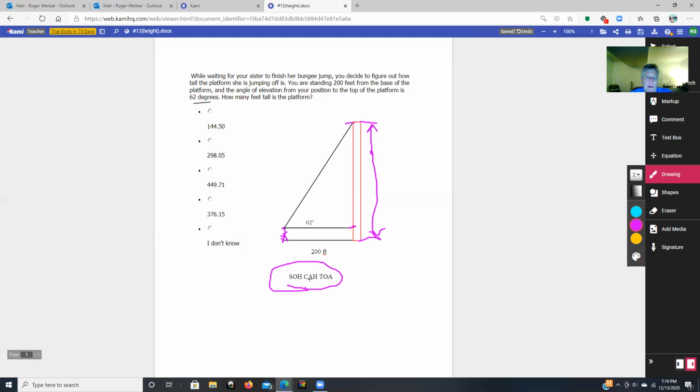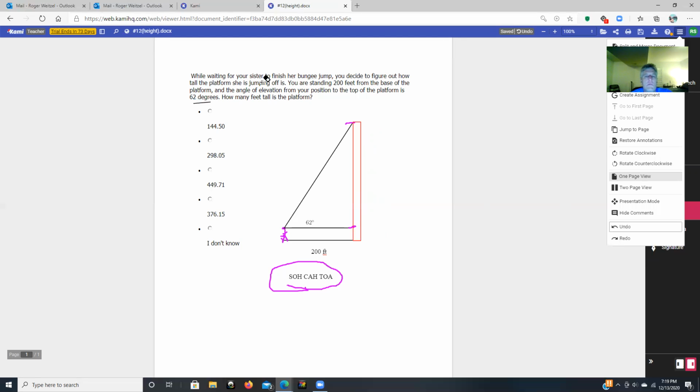C is cosine, adjacent over hypotenuse, and tangent is opposite over adjacent. This line is just driving me crazy, so let's get rid of that. Let's label the sides.